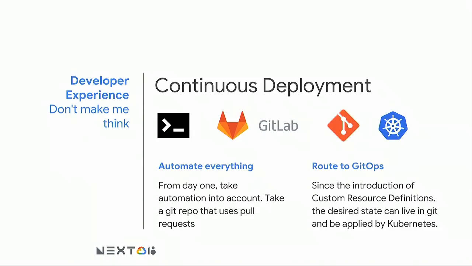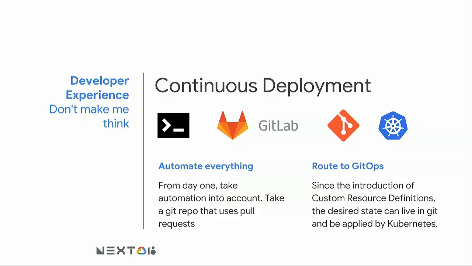Then don't forget this: continuous deployment. Start in the beginning. All those conventions really help automate the process, but make sure that those automation processes are all centered around the continuous deployment pipeline.